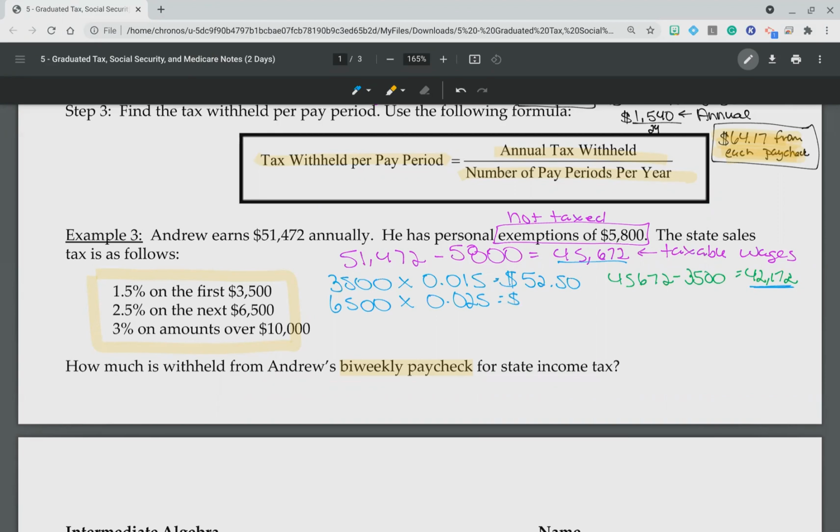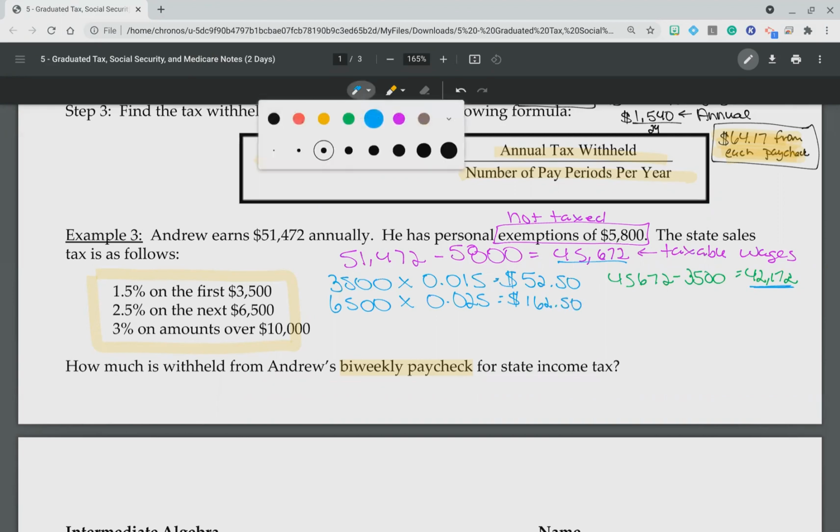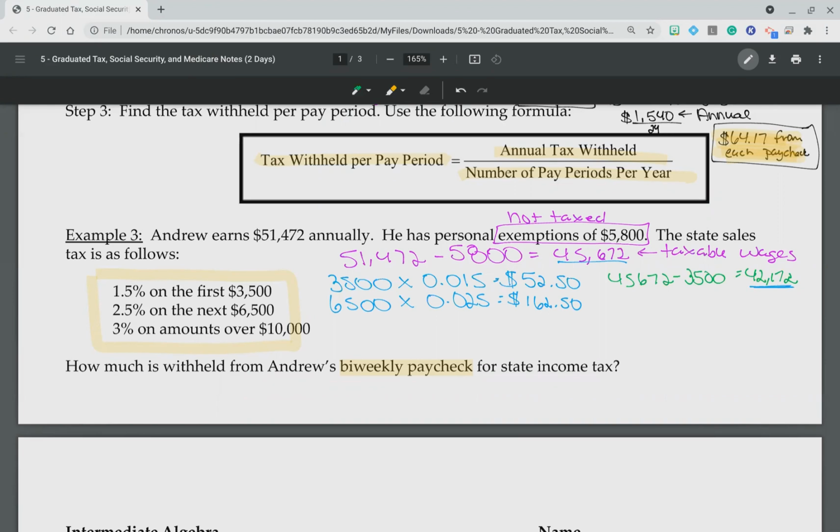If I type that in my calculator, I am taxed $162.50. All right, so this is how much I had left, and I'm going to subtract the $6,500 I was just taxed on. So I subtract $6,500, and I have $35,672 left.